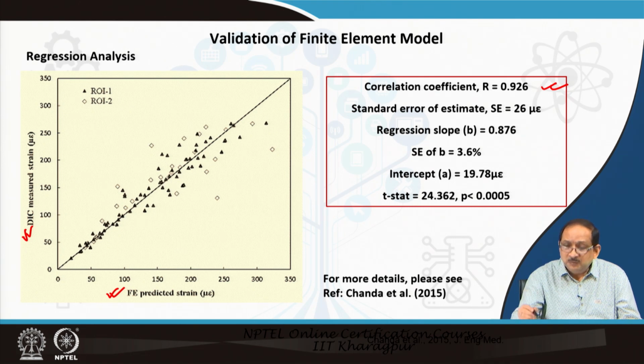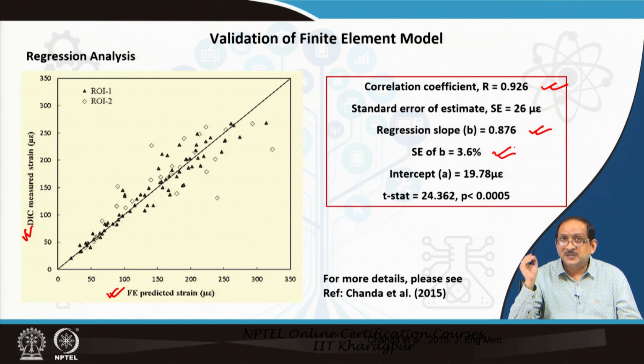The regression slope is about 0.876, which is close to 1, and we have a low standard error of the regression slope, 3.6%. The intercept is also close to 0, 19.78 microstrain. So, we may conclude that the DIC measured strain is very closely related to the FE predicted strain, and it is related by a linear relationship.